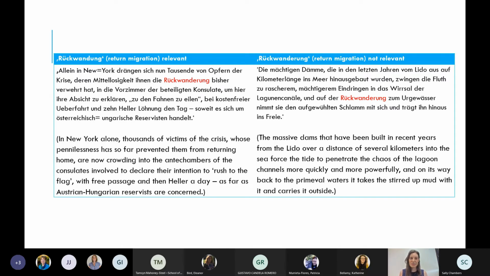And this is an example with the same word, Rückwanderung, return migration, but it's not relevant for my research question. This article basically talks about the tide that is migrating back to its primeval waters. So it's a very, very different context, but containing the same words.